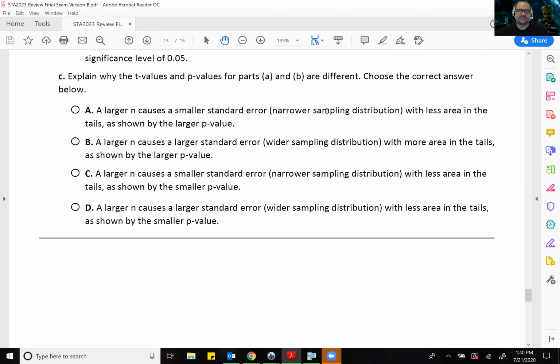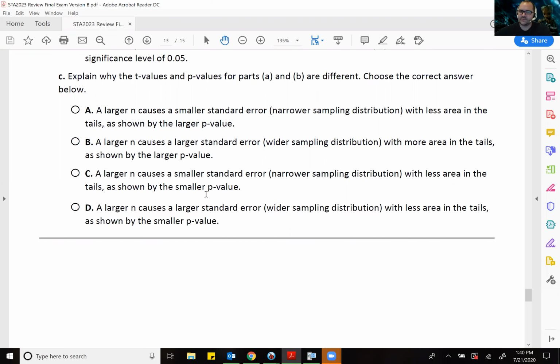So as I was saying, C, because our standard error is not going to get larger. It's going to get smaller. A larger n causes a smaller error.